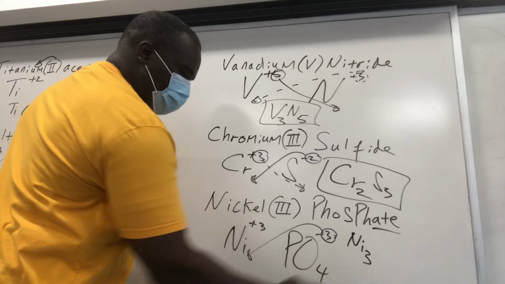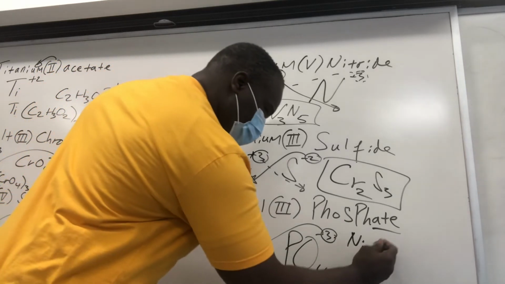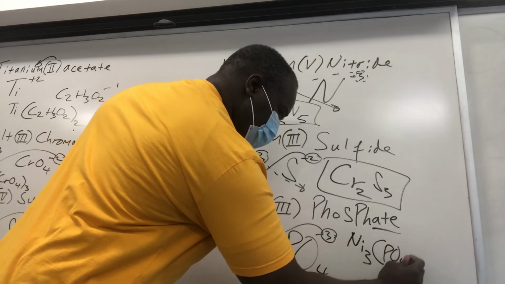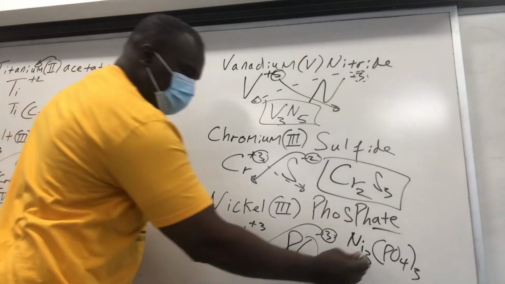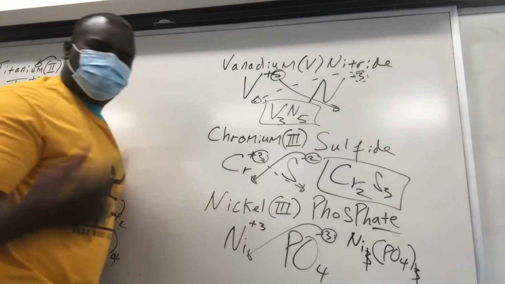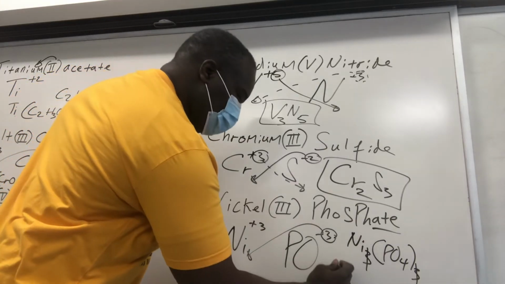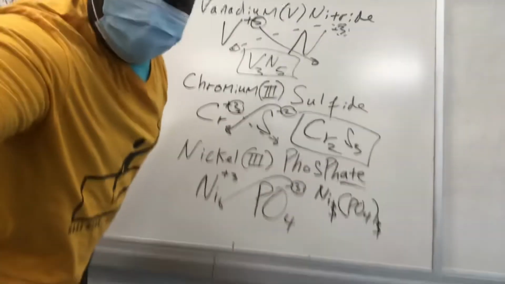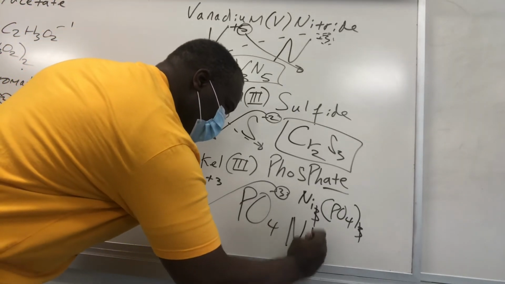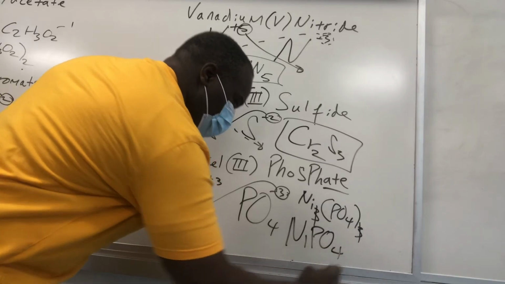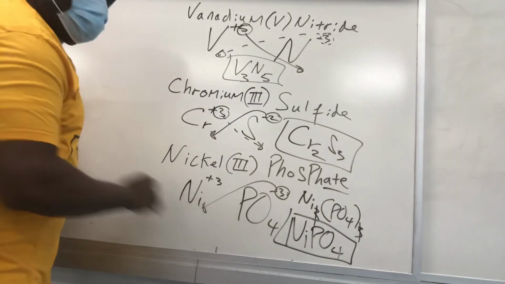So that's Ni3, right? The 3 from the nickel goes to the phosphate. Parentheses, PO4, parentheses 3, right? Okay? Now what happens? This 3 and this 3, you can simplify them to 1s, okay? What happens next? Your final answer is going to be NiPO4, okay? Bam. All right, you guys see that? That's it, and you're done.